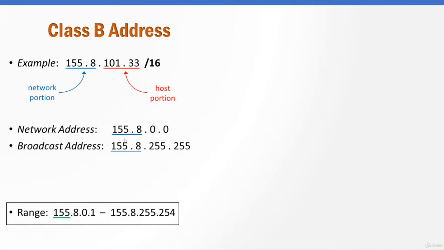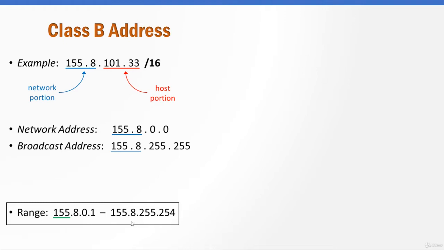And that's how we got 155.8.0.0. The broadcast address is just the opposite, so we copy the network portion, and then in the host portion, we put ones, and we get 155.8.255.255.